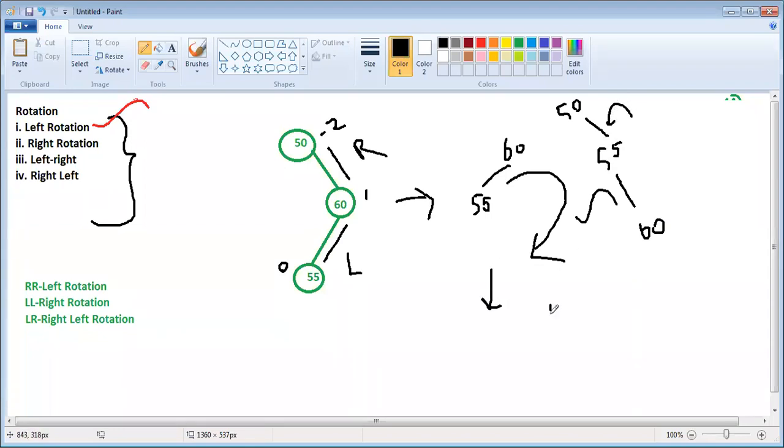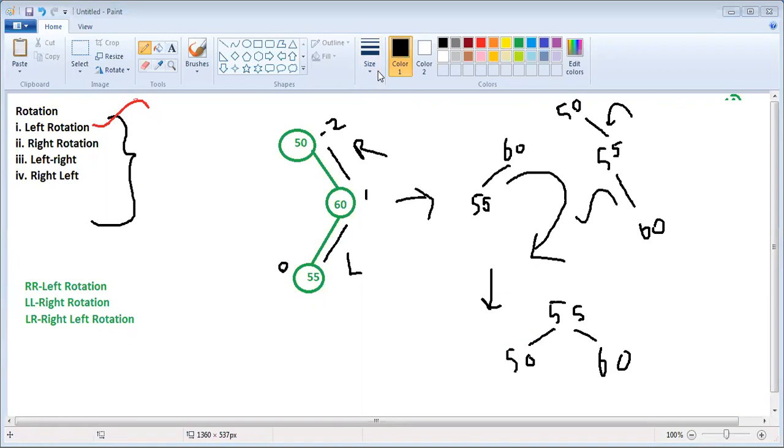Finally, 55 will be your root node, 50 will come to the left side, and 60 will go to your right side. Is it clear? Yes, ma'am. If you didn't understand that, then it is very difficult to do this problem. That is why I'm explaining this for so long.